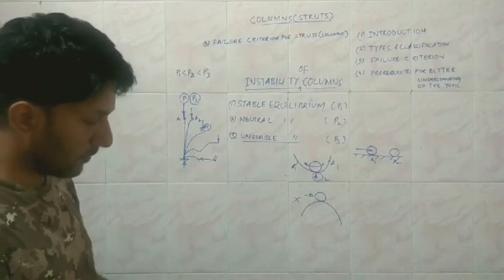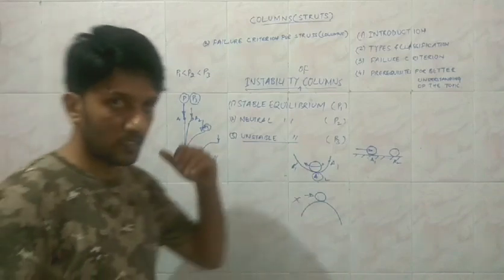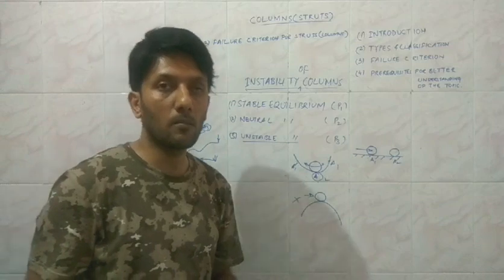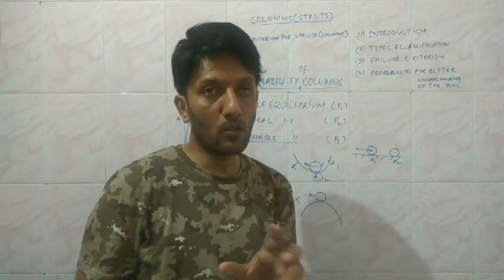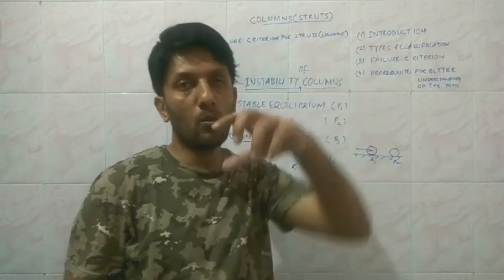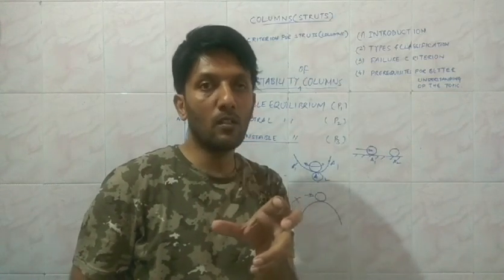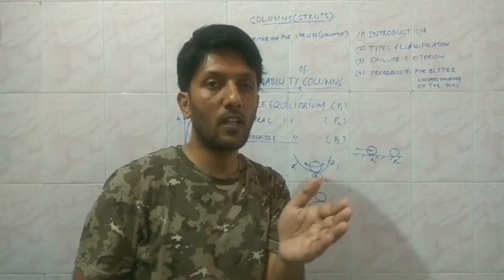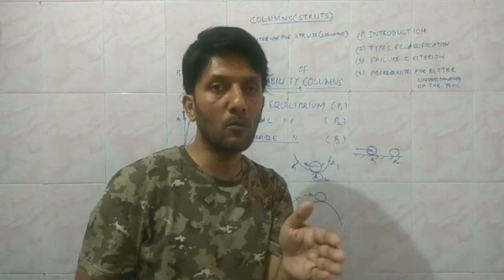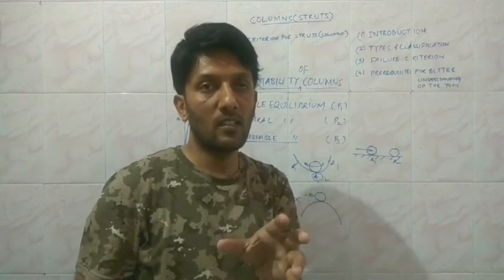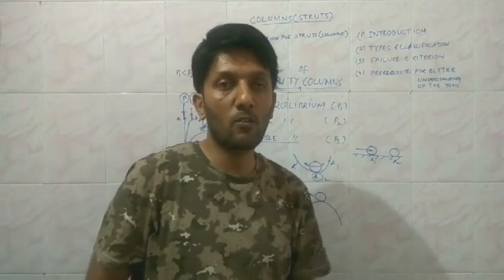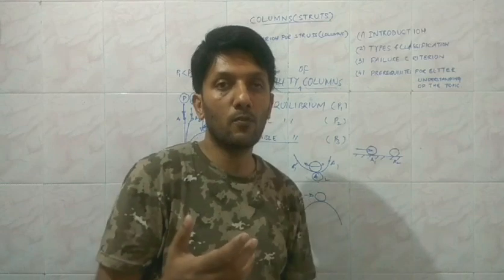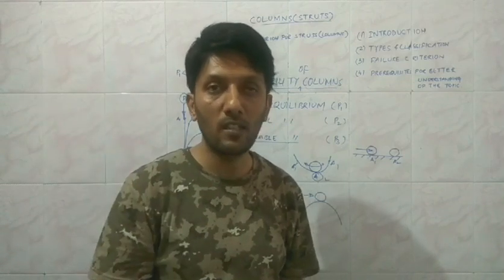unstable equilibrium condition. So what is the point over here? The stress in case of unstable equilibrium condition reaches the yield value, but initially, when we talk about the load, even the combined stresses, that is the indirect effect of the direct load, that is the bending moment, are not enough, that is, the yield point has not been reached.